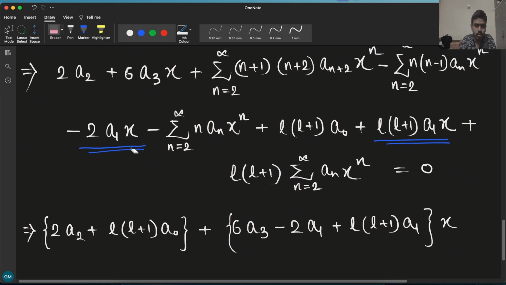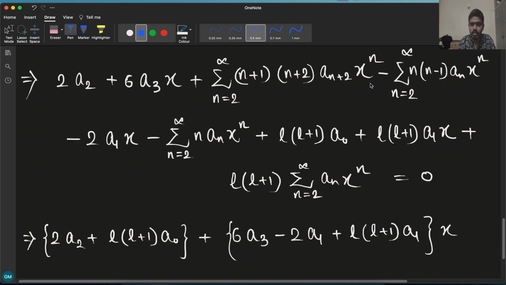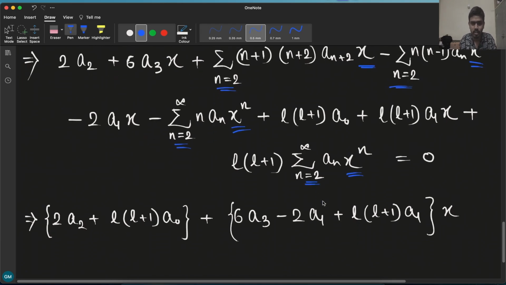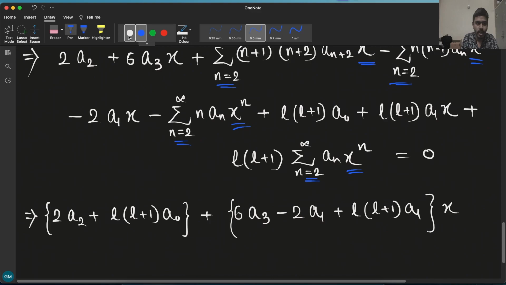Now I will take care of the summation terms. You can see here x has a power of n in all of these, and all are starting from n equals 2 to infinity, right? So I can put them together.